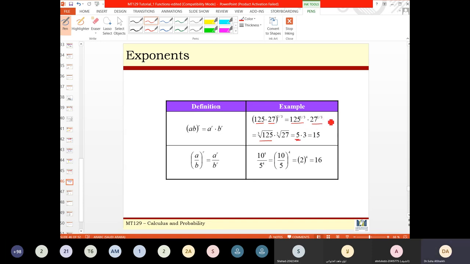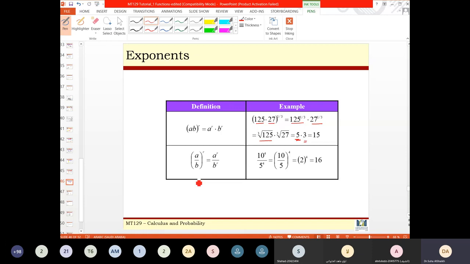Now 27 to the power third is the third root of 27, which is 3. So the answer is 5 times 3 equal to 15. So it can be distributed over multiplication. Similarly, it can be distributed over division. If I have a over b to the power r, this can be written as a to the power r over b to the power r.